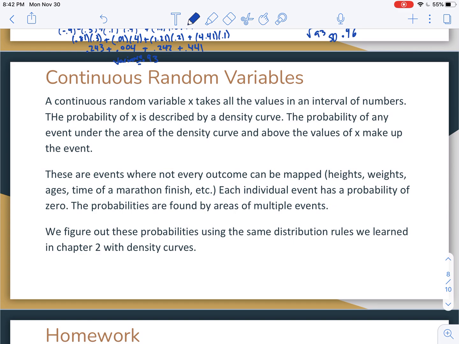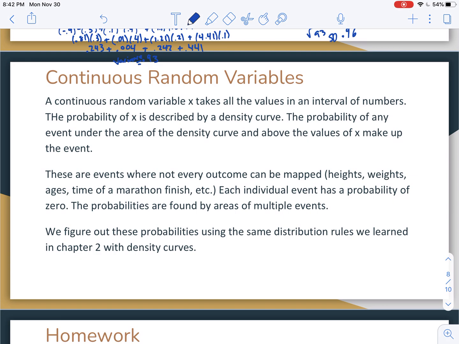We can look at that chunk of time and we can say, okay, based off the number of people who have finished a marathon, average marathon times, so on and so forth, here's the probability that they finish in between that time. Or what's the probability a person finishes a marathon between 3 hours and 3 hours and 15 minutes? That's a much larger area, and we're going to look at a density curve, and we're going to figure out the area under the density curve.